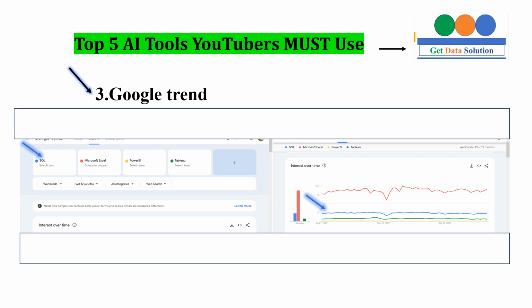As you can see, in terms of search volume, Microsoft Excel actually has a larger search volume compared to the three others: SQL, Power BI, and Tableau. This is for the last 12 months.